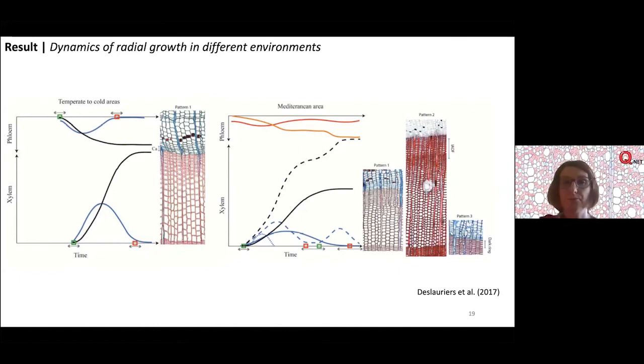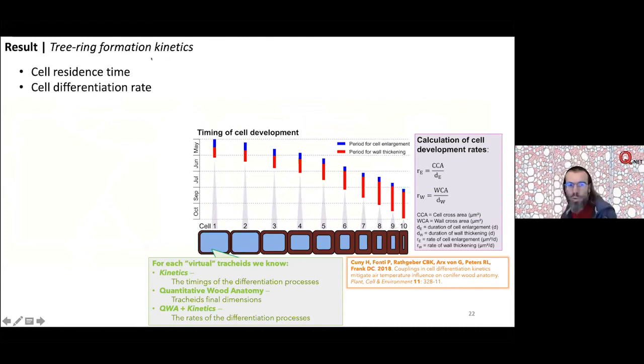Yeah, definitely. And then the last point is about what I call the kinetics. With this data, we can also compute the cell residence time in the different phases and the rate of differentiation.